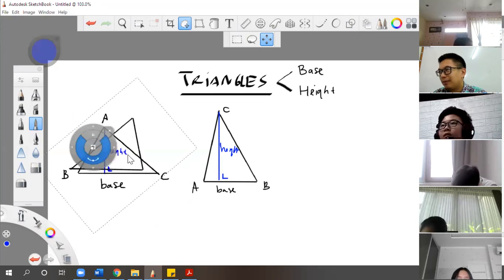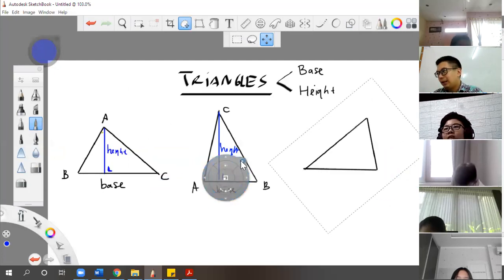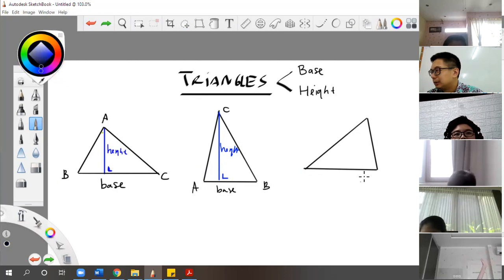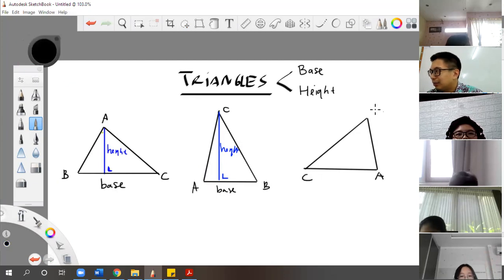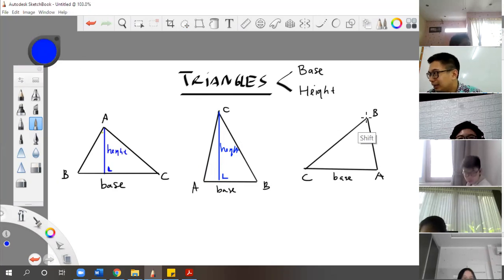Wait, AC, yes, that's right. AC is here. So this is AC, and then this is B. So the base is changing, but the height is still on the same logic. It is always 90 degree to the base.